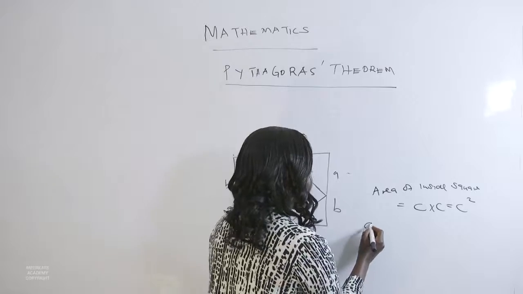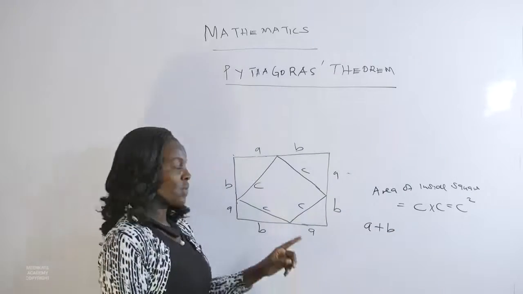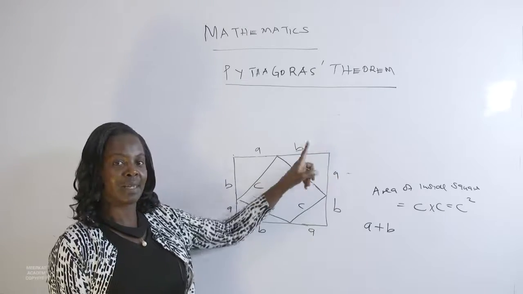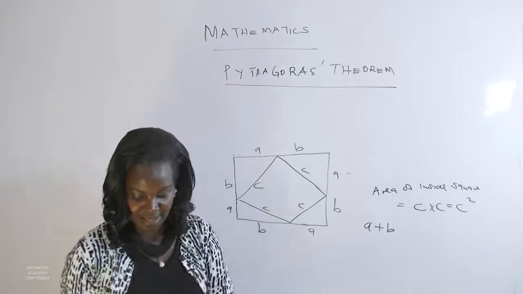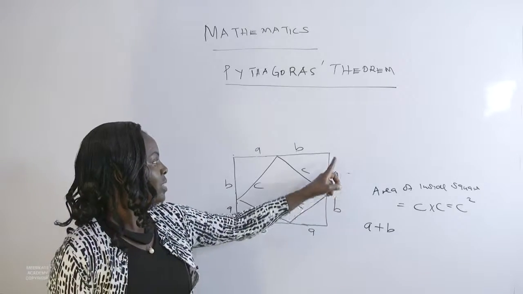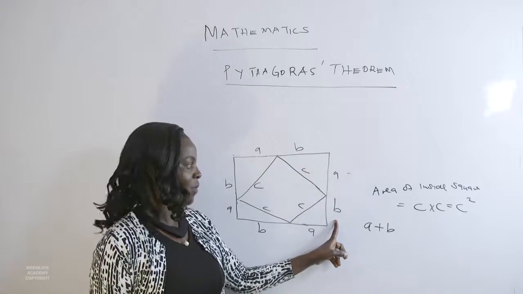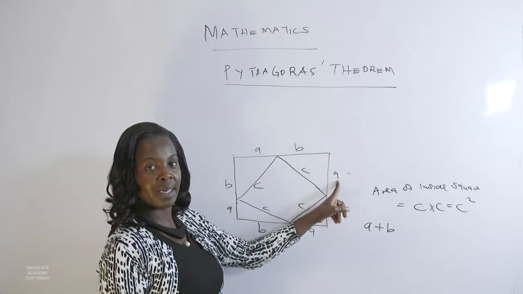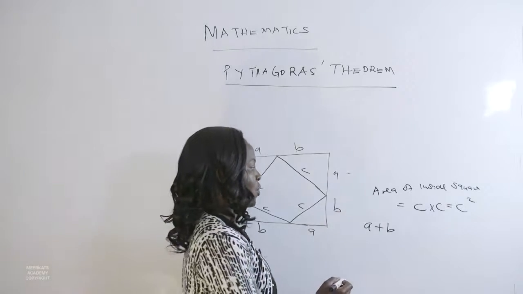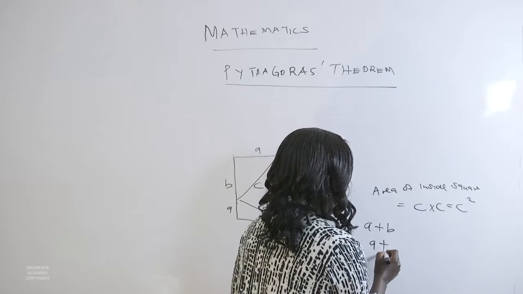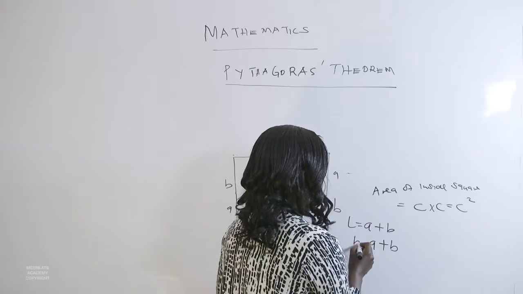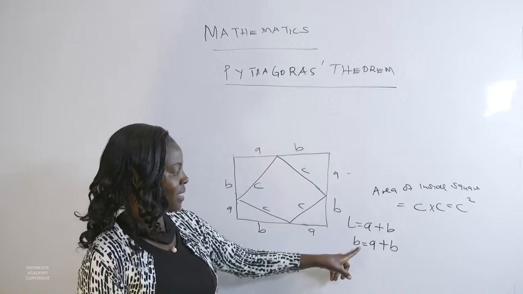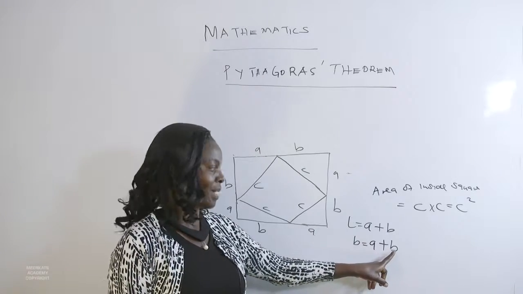We say A plus B. So the length from this end to this end will be measuring A plus B. It will be the same case with this other side of this bigger square. From here to here, that will be A plus B also. So the length is A plus B, and the base is also measuring A plus B.